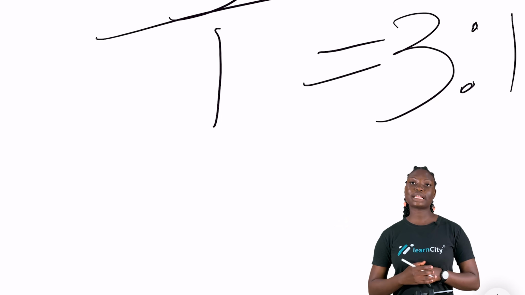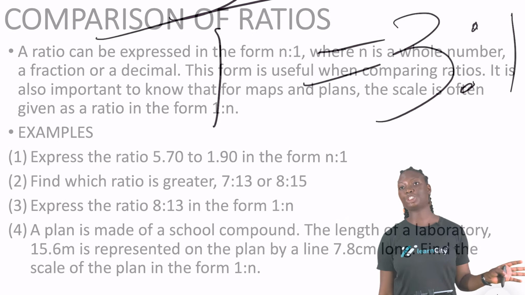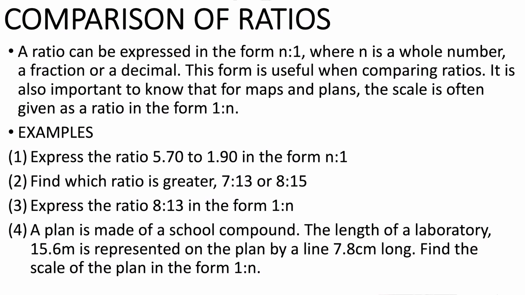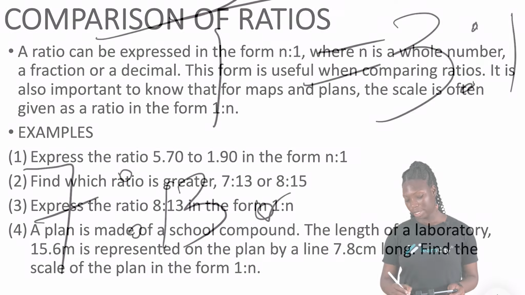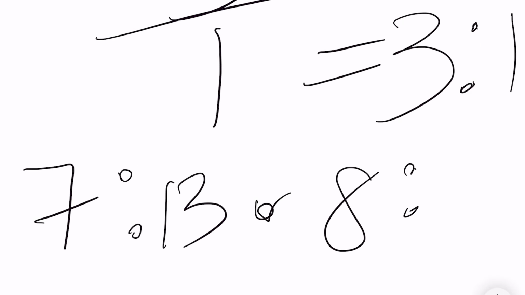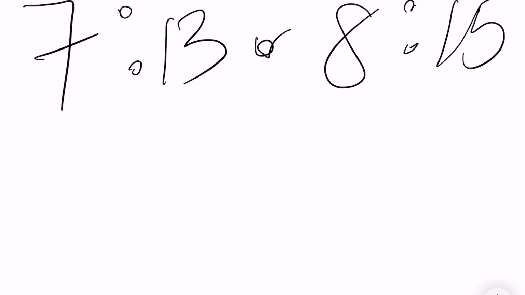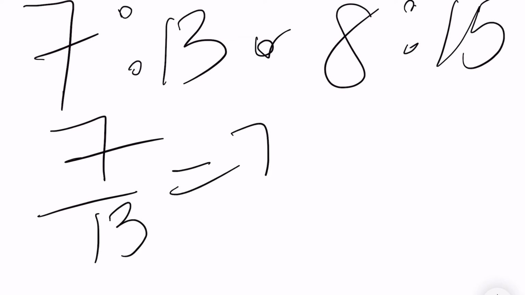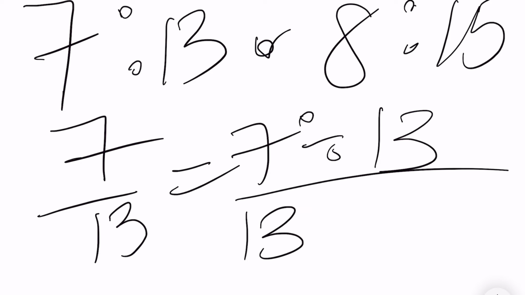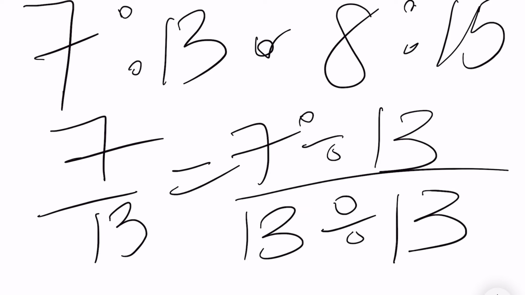Now, the second example says: find which ratio is greater, 7 to 13 or 8 to 15. For 7 to 13, we have 7 over 13, which is 7 divided by 13 over 13 divided by 13.